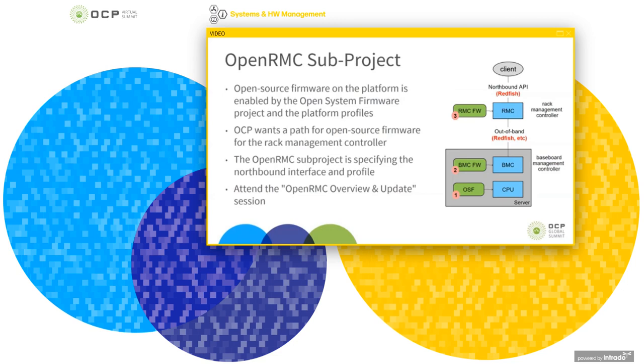OCP works very closely with DMTF. Redfish is also used for communication between the RMC and the BMC. That is also part of the OpenRMC project. So this sub-project is basically focused on specifying the northbound interface and profile.